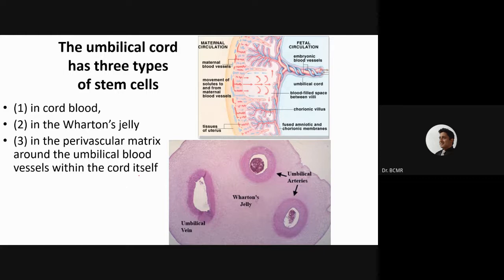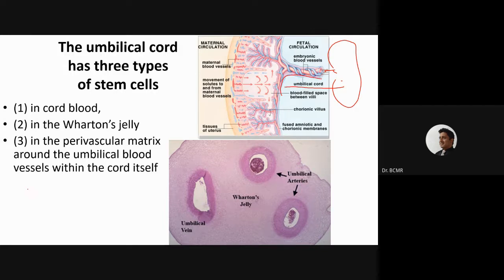We may have discussed this before, but let me say it again: the umbilical cord is present, and the baby is taking nutrition from the mother through the placenta and the umbilical cord and sending out the waste. So there is a lot of blood also present in the umbilical cord.